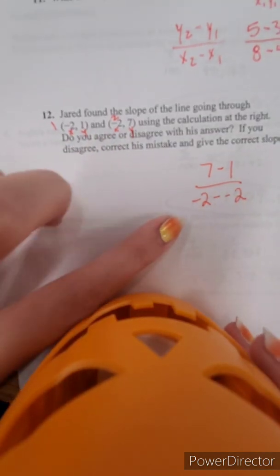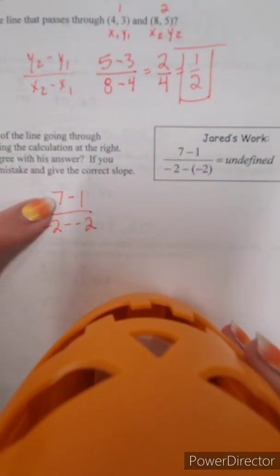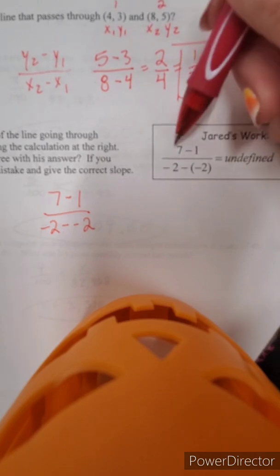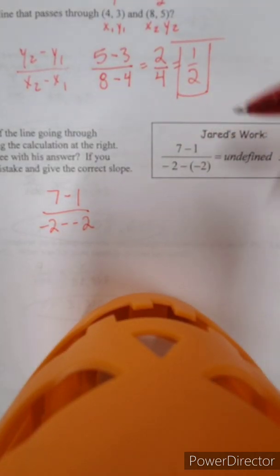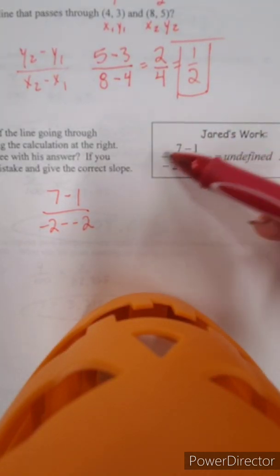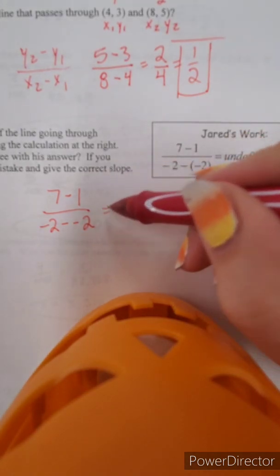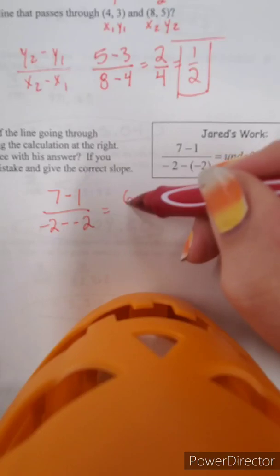Our x2 is negative 2 minus our x1 is also negative 2. So that's what we get when we plug in to our formula, y2 minus y1, x2 minus x1. So he has 7 minus 1, and then negative 2 minus negative 2. So our work is exactly the same. So then if we were to work this out, 7 minus 1 is 6.